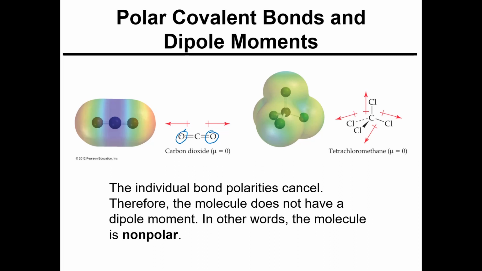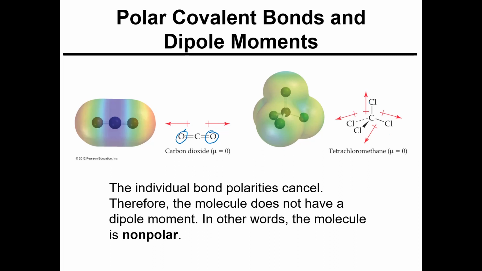So what happens is that these bond dipoles go in exactly the opposite direction. Since they go in exactly the opposite direction, they essentially cancel each other out, and the molecule overall becomes nonpolar.